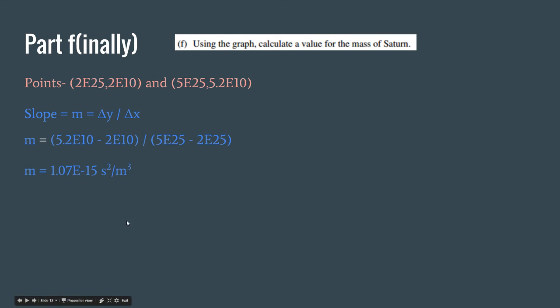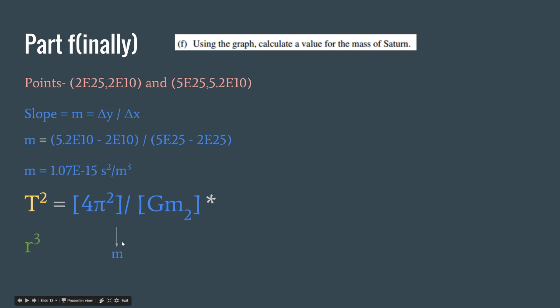Alright, now the next thing we have to do is, and this kind of cut off, I don't know why, but just pretend this r cubed is up here. So we have T squared equals 4 pi squared over G m2 times r cubed, and this is the equation we've been looking at the entire time, and we know that everything in blue here is going to be the slope of this equation, or of the graph that we plotted.